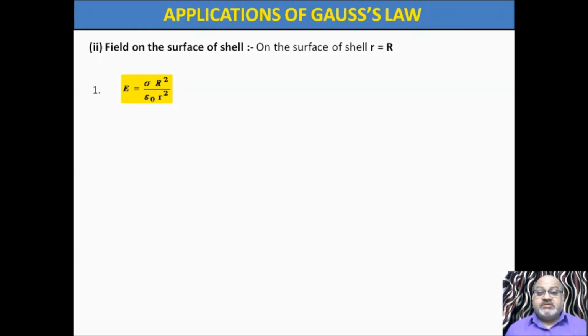Here we substitute small r equal to capital R, both will get cancelled. Result is E is equal to sigma by epsilon naught.